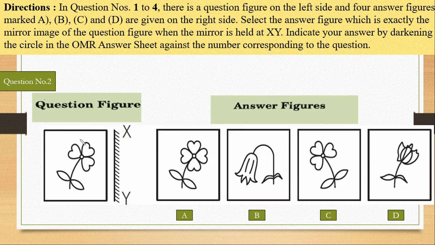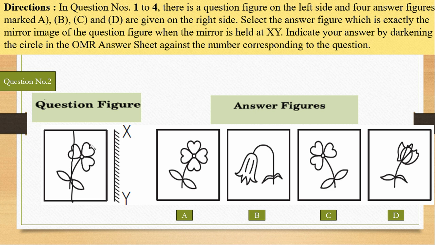In question number 2, if you see, these are two rectangles. This is the right side and this is the left side. This is pointing towards the right hand side of the corner. So in the mirror image, this complete thing should appear on the left hand side, and it should point towards the left hand side of the corner.